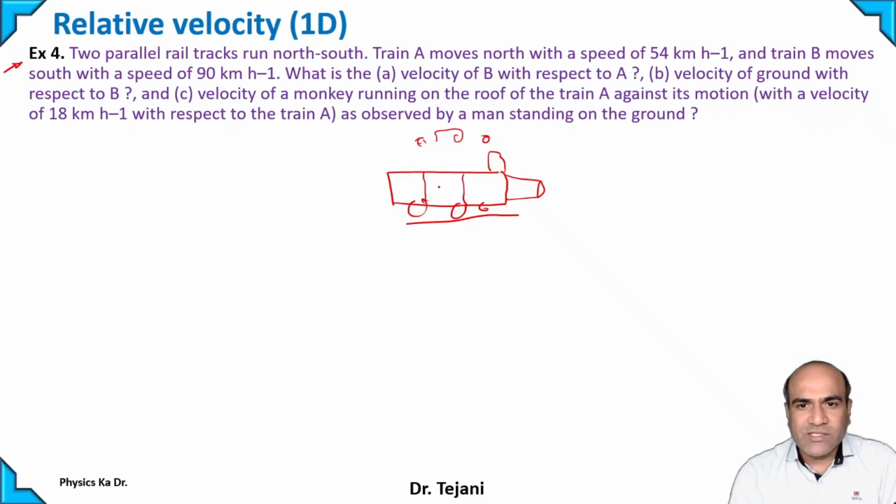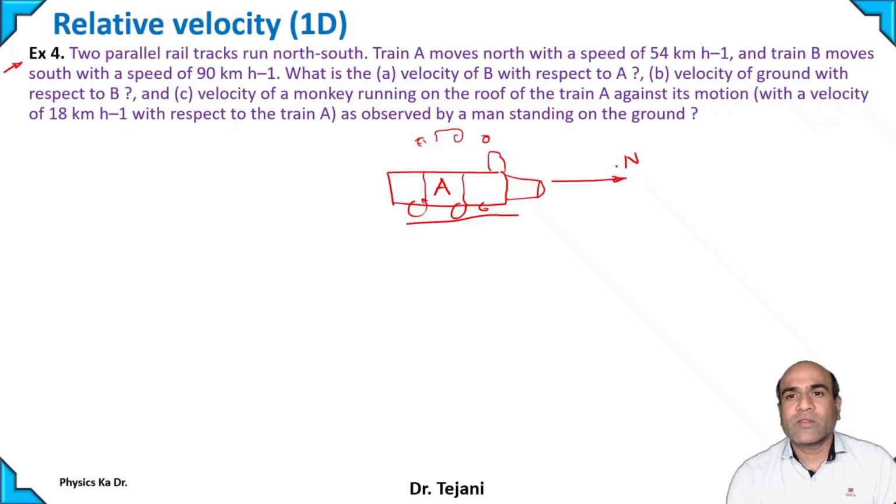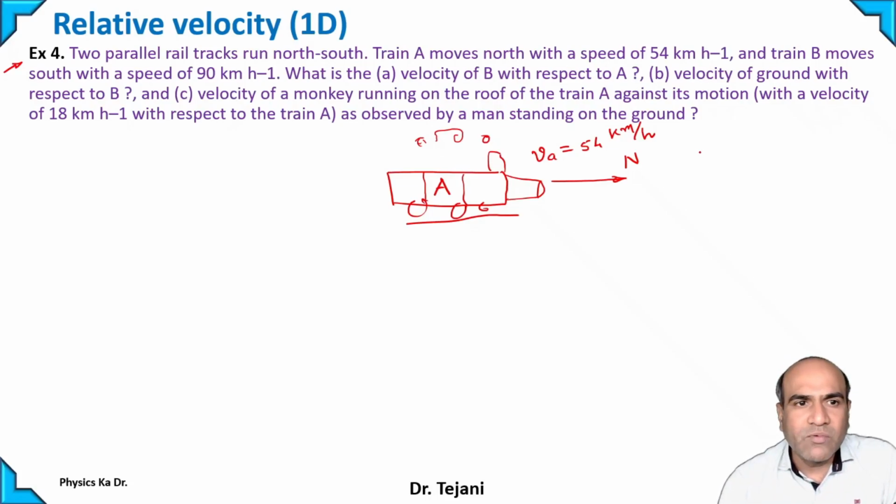Let us assume this is train A, which moves north. Let us just assume this direction is north, with speed. So we can say VA is equal to 54 kilometer per hour.